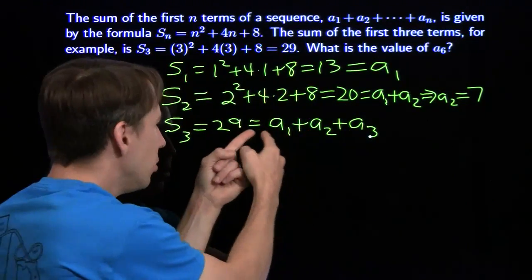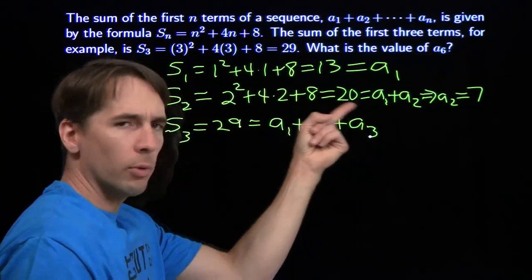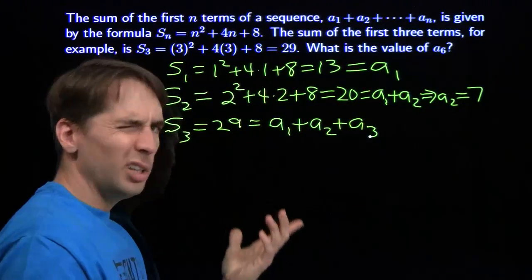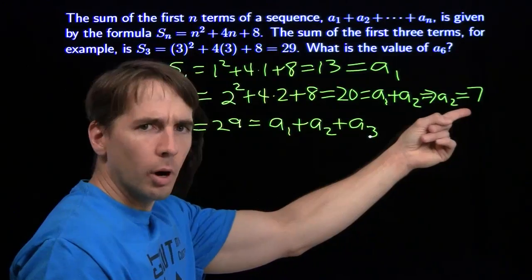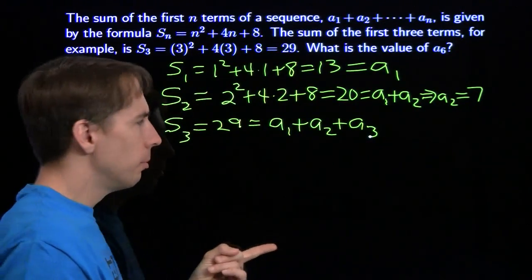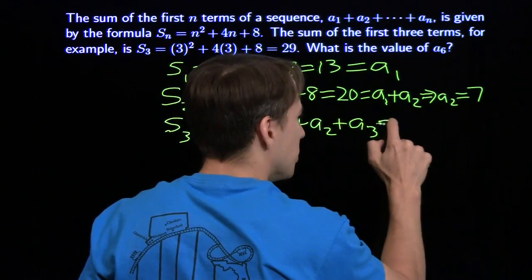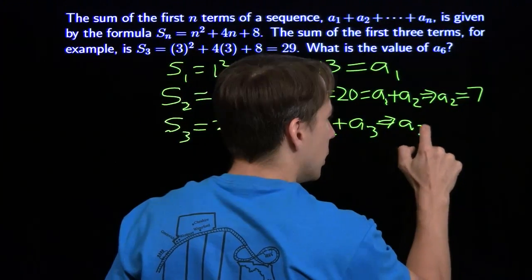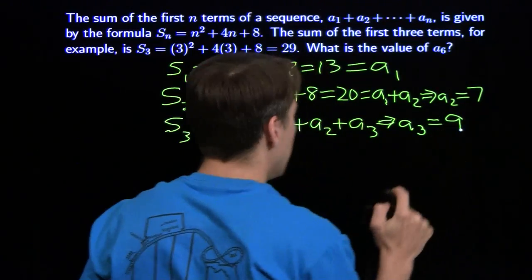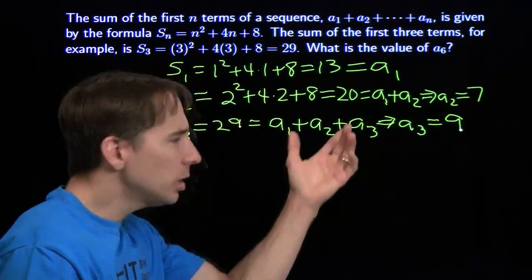We already knew that A1 plus A2 is 20. We had that right here. Didn't even really have to know what A1 and A2 are. We just needed to know their sum, which is 20. Put 20 in there. 20 plus A3 is 29. That tells me A3 is 9.